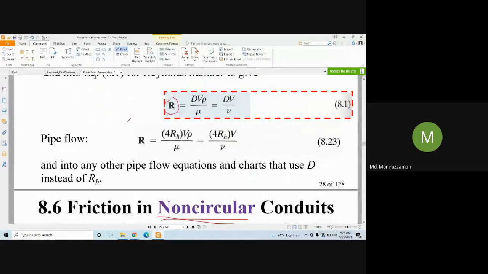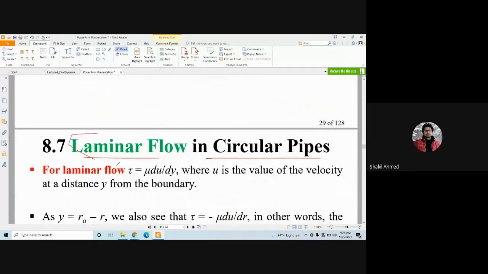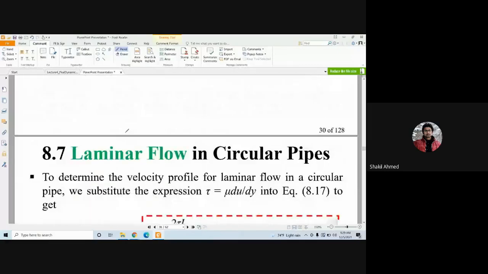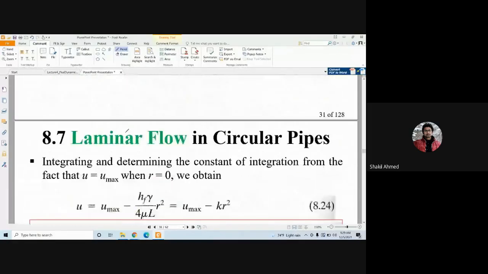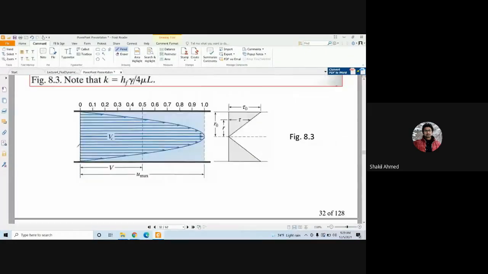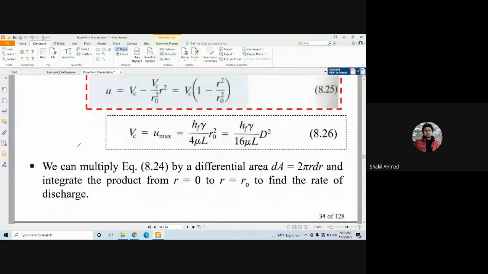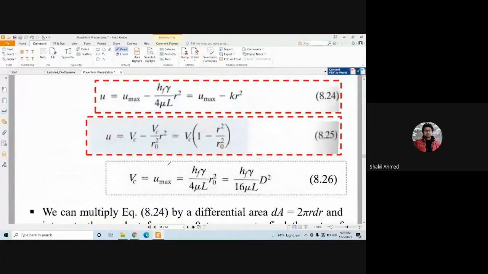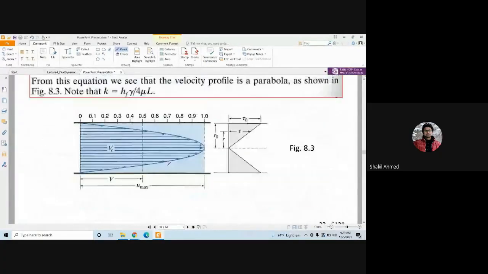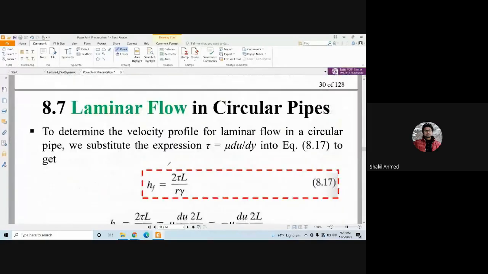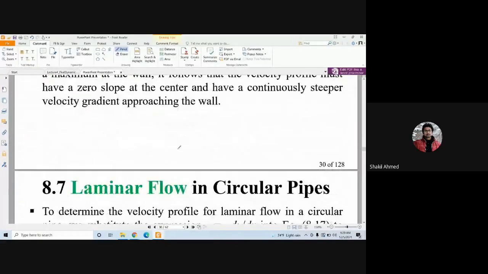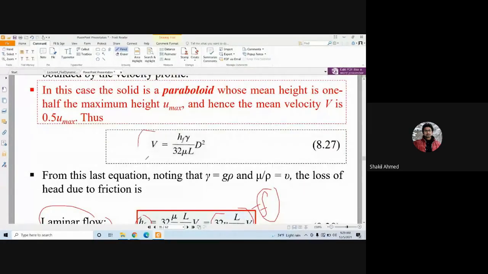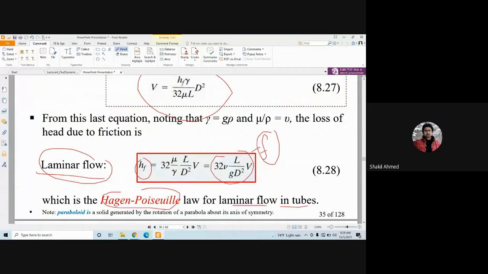Yes, sir. So for laminar flow, we have another derivation which is like this. HF. If you convert this, yes, this one I was talking about.